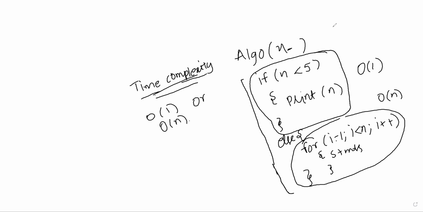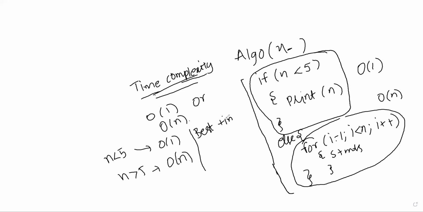So if n is less than 5, then it would be O of 1, and if n is greater than 5, then it would be O of n. So how do we express the time complexities of this kind of algorithm? We say best time complexity.